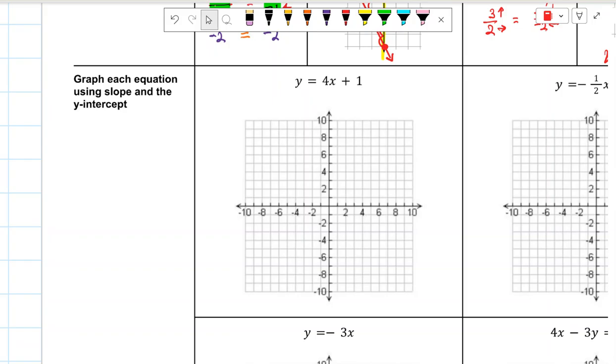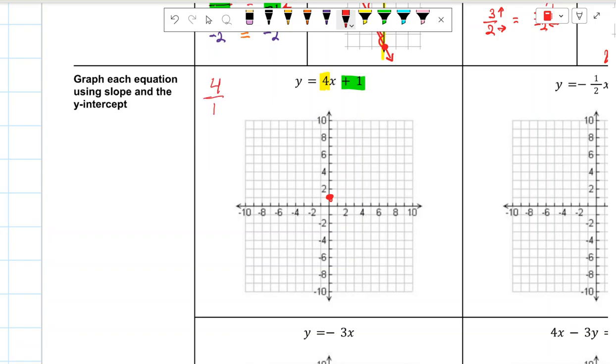So, graph each equation using slope and the y-intercept. So this is set up nicely for us. We have a b and we have a slope. So we're going to go on our graph and we're going to go immediately to the y-intercept and graph 1. From that point, we're going to graph our slope, and our slope is 4. 4 as a ratio is 4 over 1.